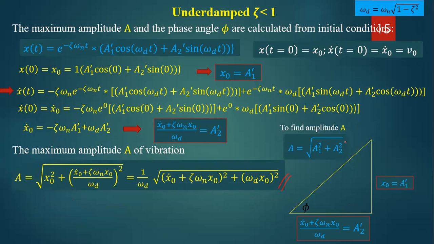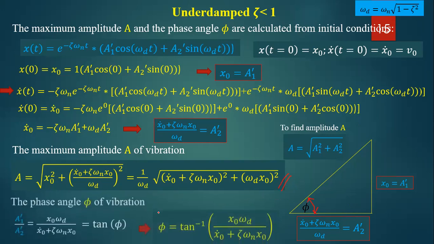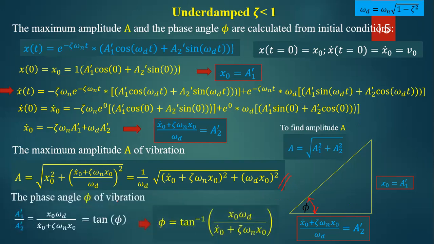Here we use the right angle relation and the application of Pythagoras theorem. The phase angle phi of vibration is obtained from this relation: phi is equal to tan inverse of x naught omega d over x dot naught plus zeta omega n x naught. Okay, this is the relation.